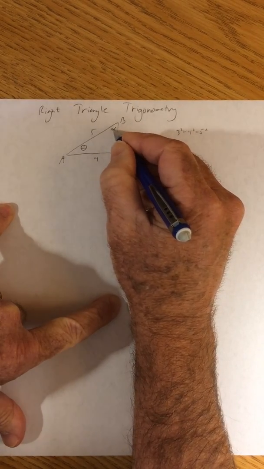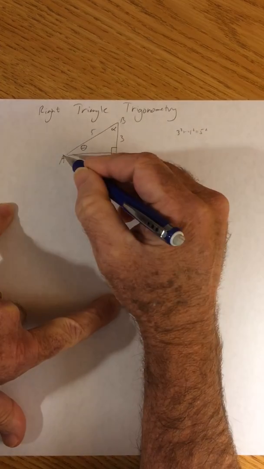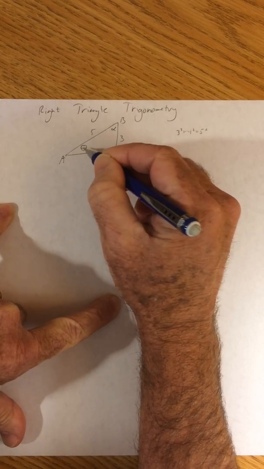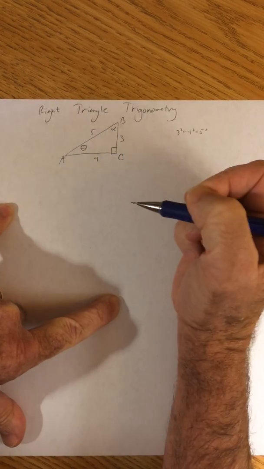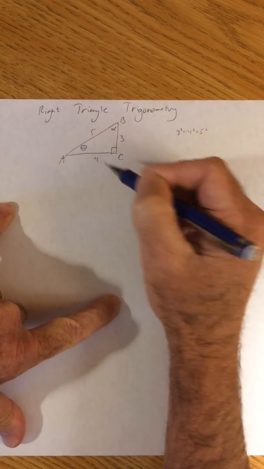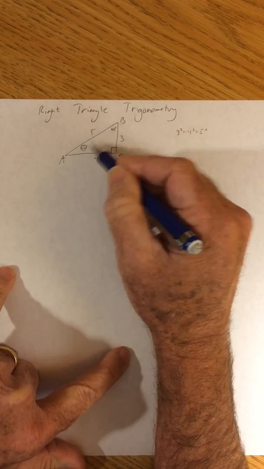We'll call that one alpha. So we label triangles with points, capital letters, and we label angles with Greek letters at times. Now, sometimes we can label the angles with the capital letters as well, but most of the time in trigonometry, these Greek letters are used.